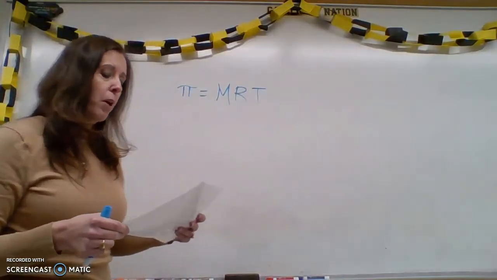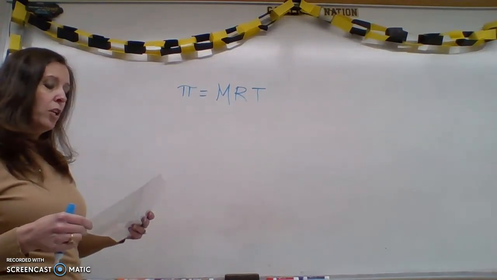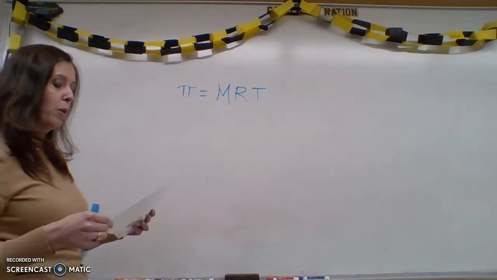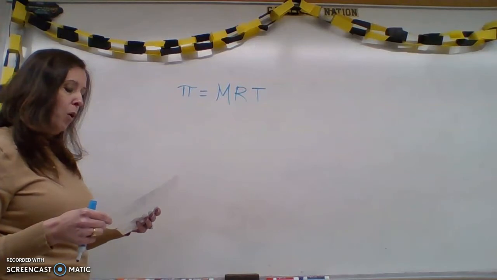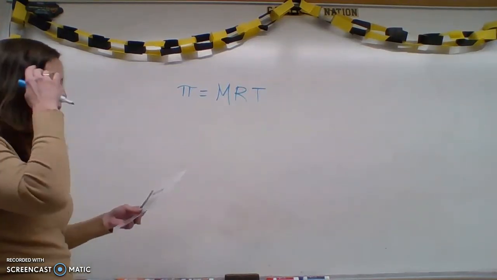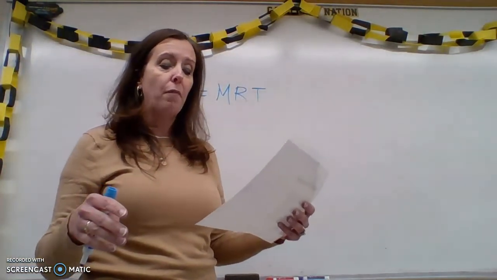The example here: the osmotic pressure of a solution containing 5.8 milligrams of an unknown protein per 10 milliliters of solution is 2.45 torr at 25 degrees Celsius. Find the molar mass of the unknown. Okay, so I know right away that the pressure is 2.45 torr.